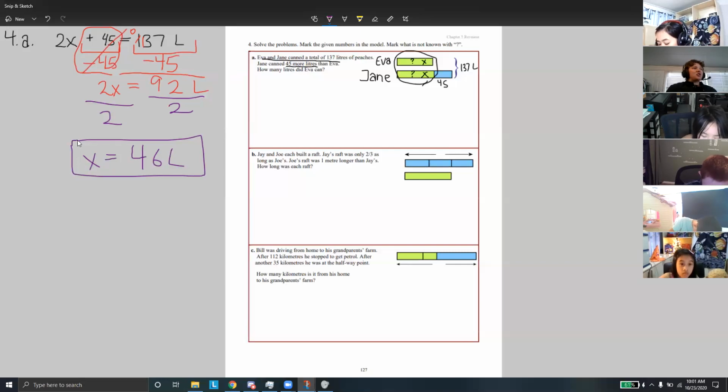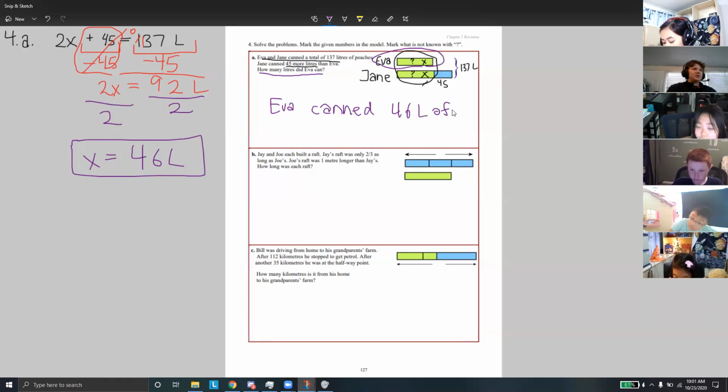And now I just want to make sure, sometimes the x is not our answer. So students, make sure that the question is asking for x. And it's asking how many liters did Ava can? Ava canned x liters. So this is our answer. I could just write that. Ava canned 46 liters of peaches.